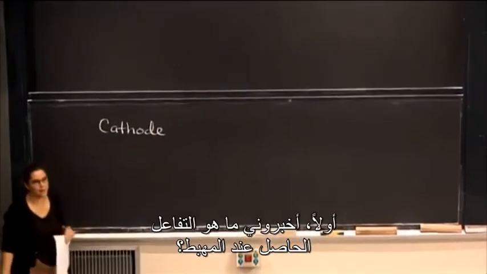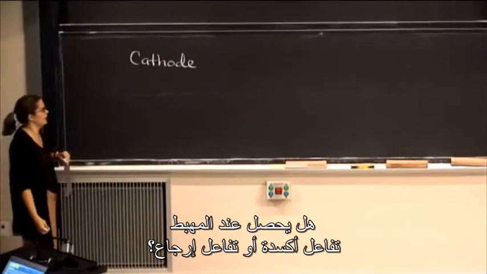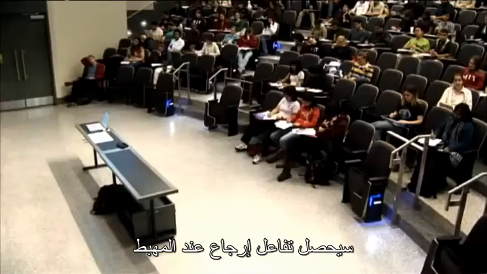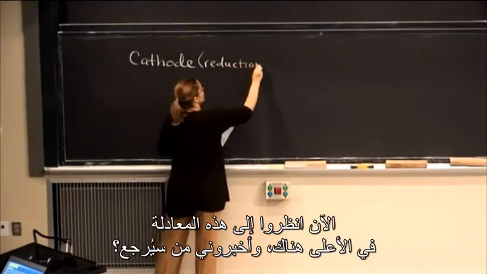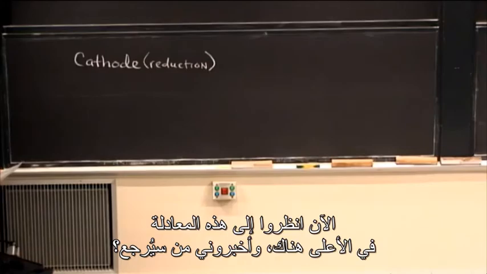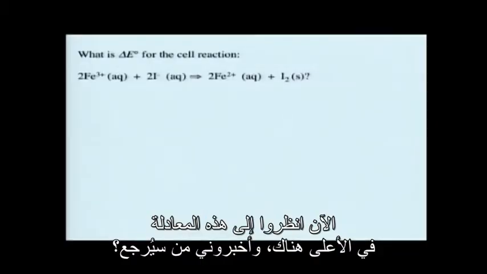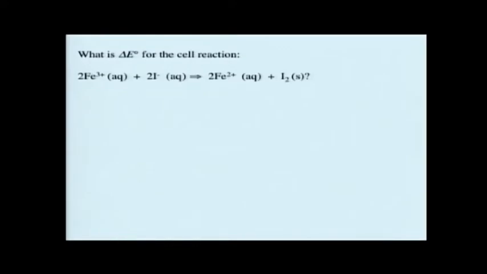First, tell me what's happening at the cathode. Is it an oxidation or reduction happening at the cathode? The reduction is happening at the cathode. Now look at that equation up there and tell me what is being reduced, which element is being reduced in that equation. The iron is being reduced.